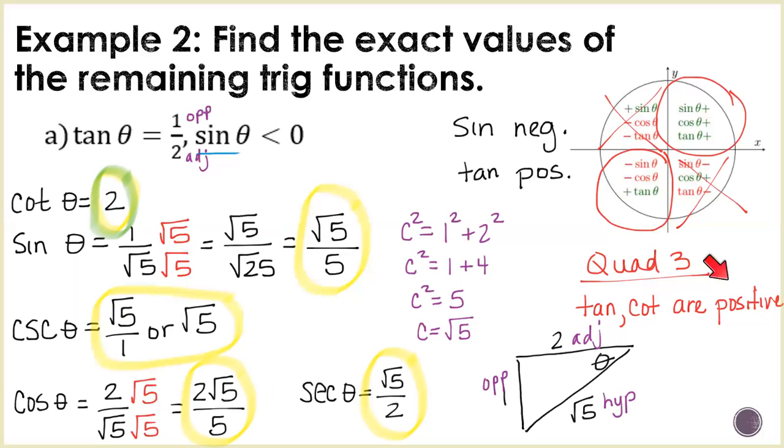Because remember, we're in quadrant 3. And in quadrant 3, sine, cosine, and the sisters for sine and cosine are negative. So now I'm going to put my negative in here. So that's negative. Make sure you can see that negative sign. This is negative. This is negative. And so is secant.